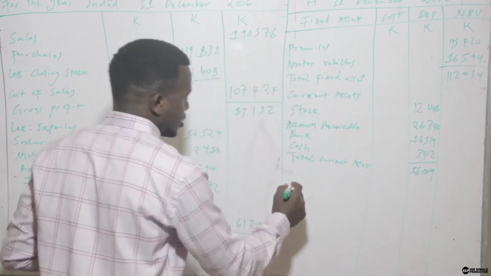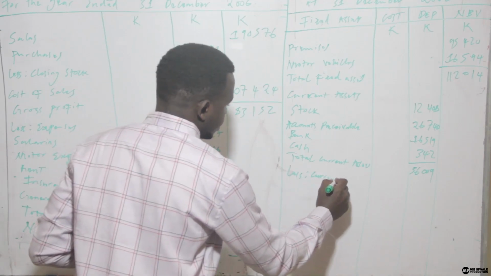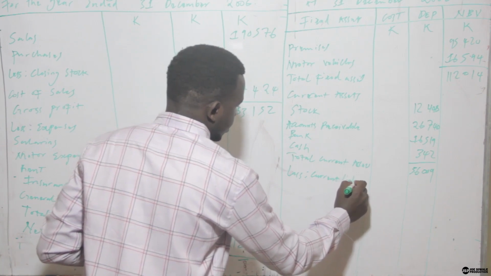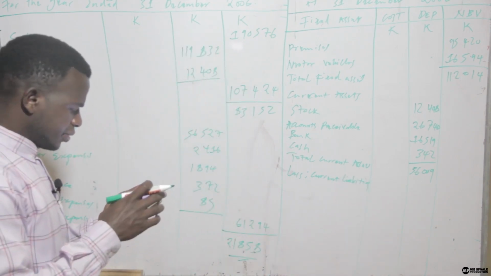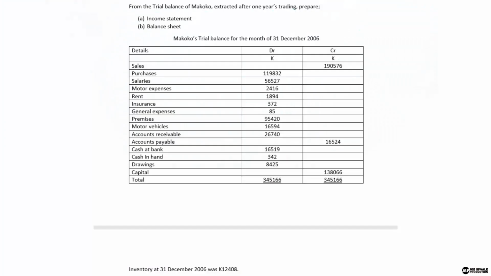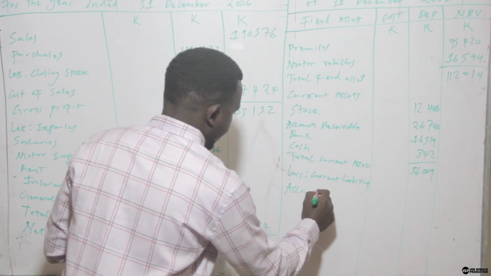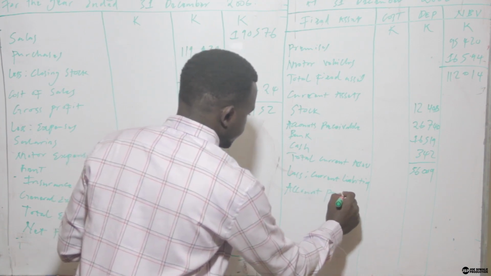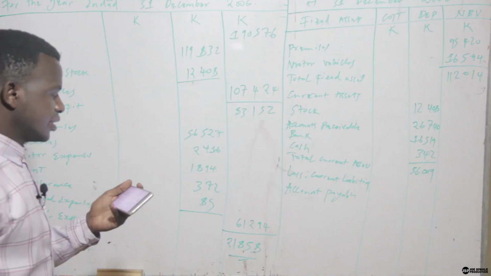Then we can say less current liabilities. And the current liabilities that we are having in the question, we have account payable, and that's the only current liability that we are having.